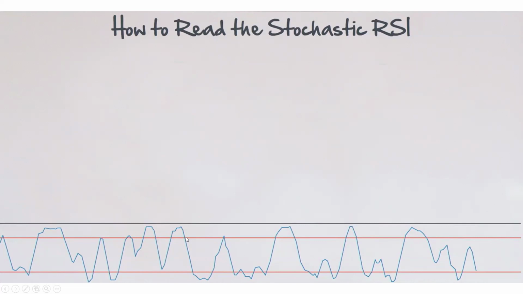On the upper band and the lower band, you can also put a mid-level. If you want to put a mid-level, you add the 50 level. Now, there's a school of thought that says whenever stochastic is above the mid-level, the market is trending up, and whenever stochastic is below the mid-level, the market is trending down.